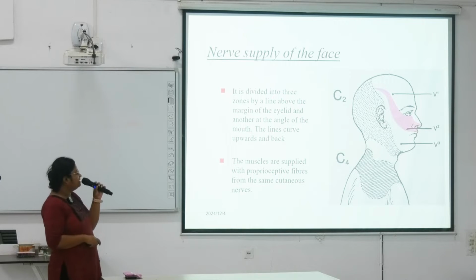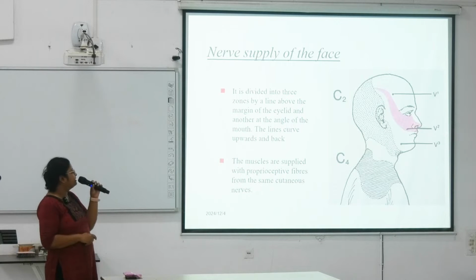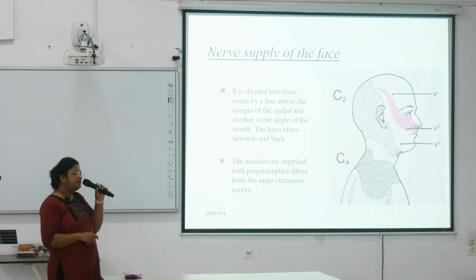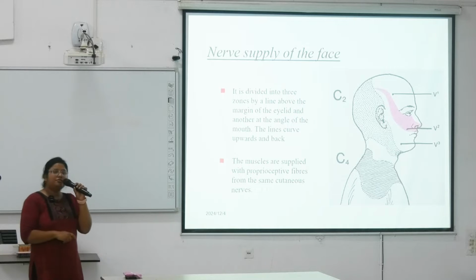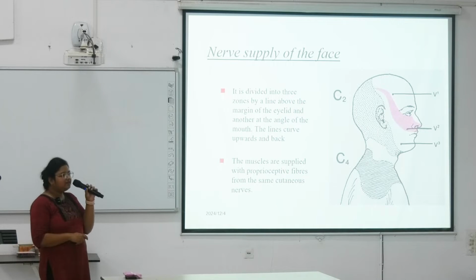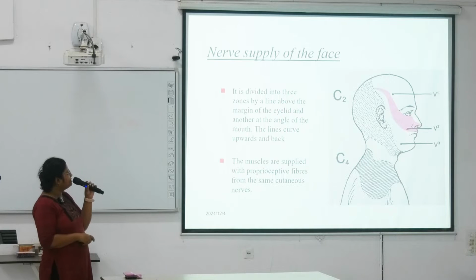Okay, all these three areas are developed from three processes which help in development of the face. Face develops from three processes: frontonasal process, maxillary process, mandibular process. The area formed by the frontonasal process is supplied by the ophthalmic nerve. The part formed by the maxillary process is supplied by the maxillary nerve, and the part formed by the mandibular process is supplied by the mandibular nerve.